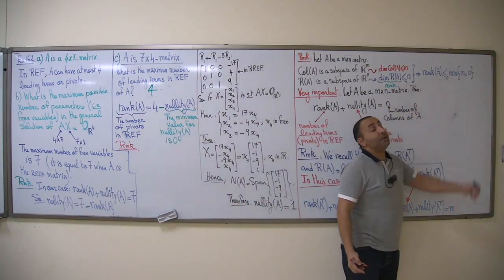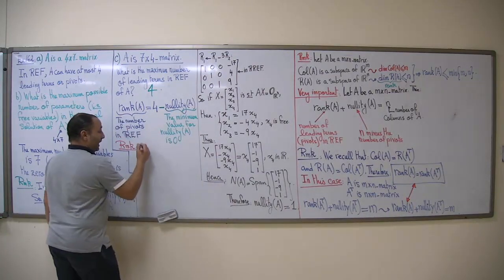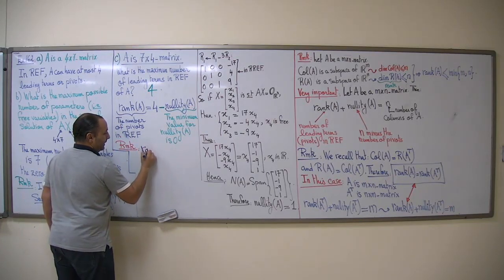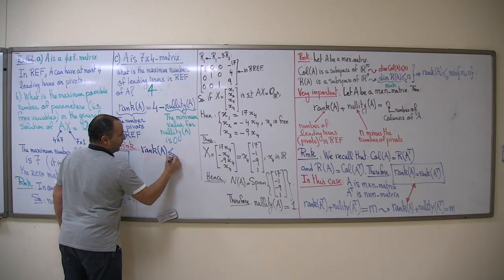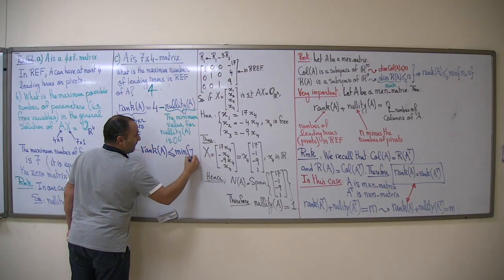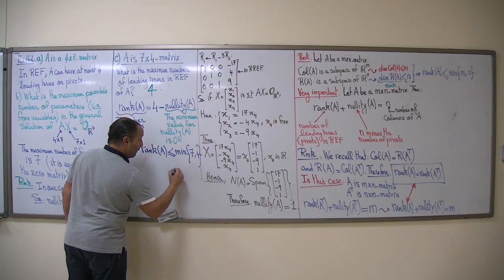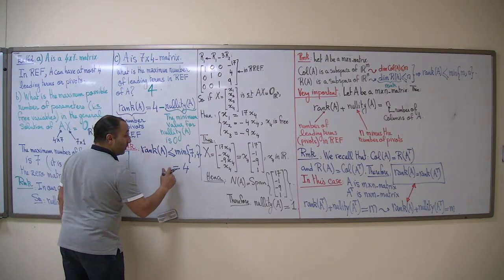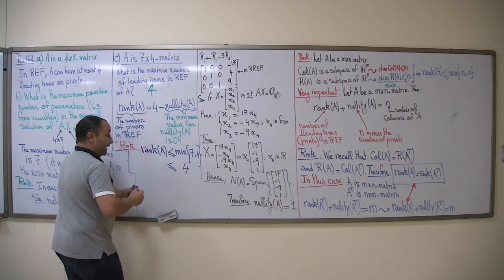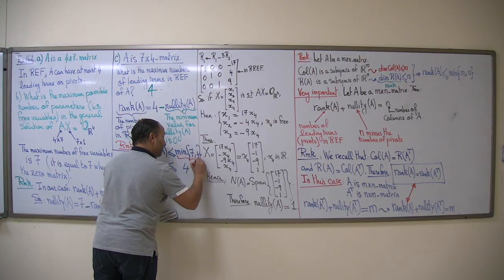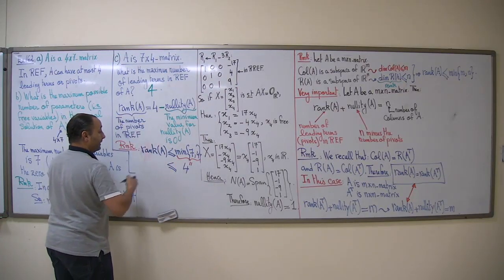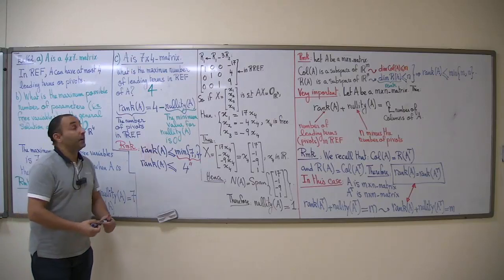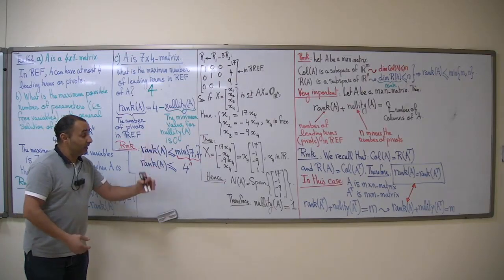So I have rank of A less or equal to 4. This is why the maximum number of leading terms in the row echelon form of A is 4.